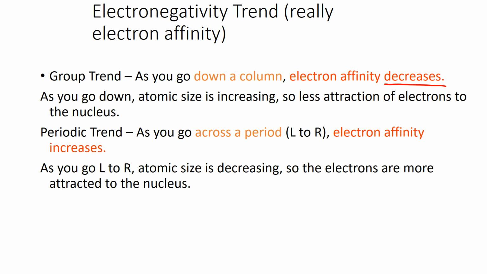As you get that higher charge, it has the ability to pull in more electrons or to grab more electrons and hold on to them. So it has a tighter grip on its electrons. So that's why it increases as we go across the period. As we're going down the column, the reason why it decreases, remember the electrons are getting further and further away from the nucleus because we're adding more and more layers. All right.